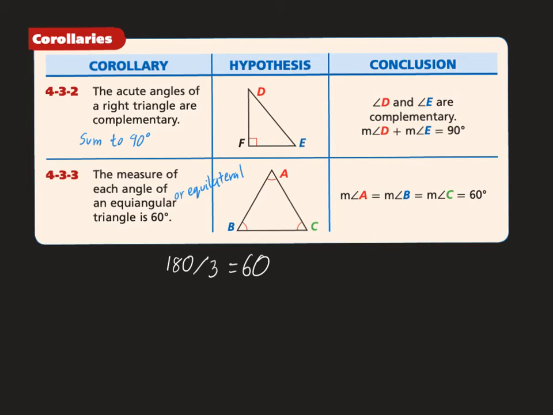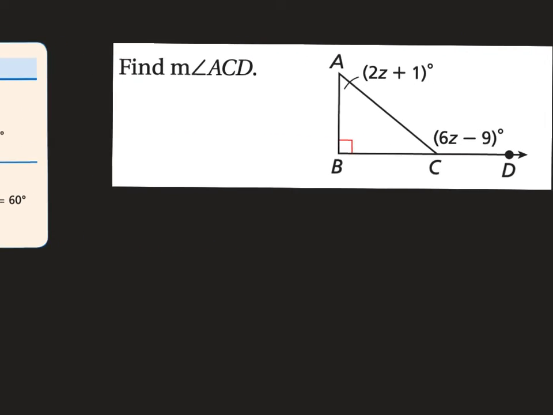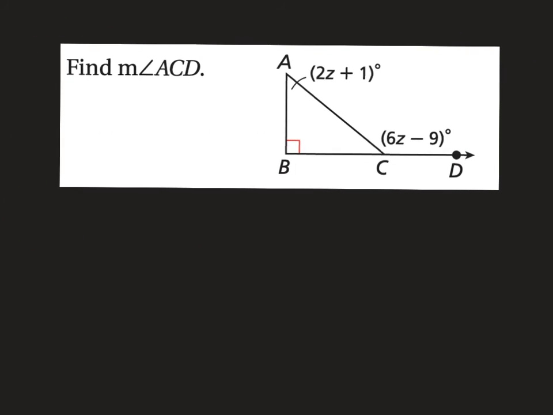So now we're going to look at one example of applying the theorems that we've learned. In this one here, we're asked to find the measure of angle ACD. And we're going to need to use the exterior angle theorem to help us do that.